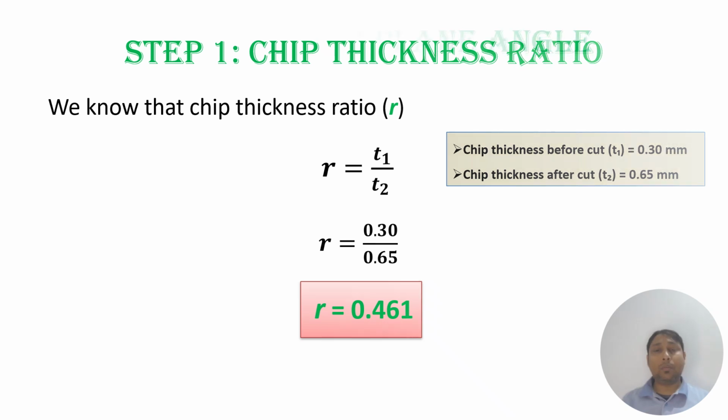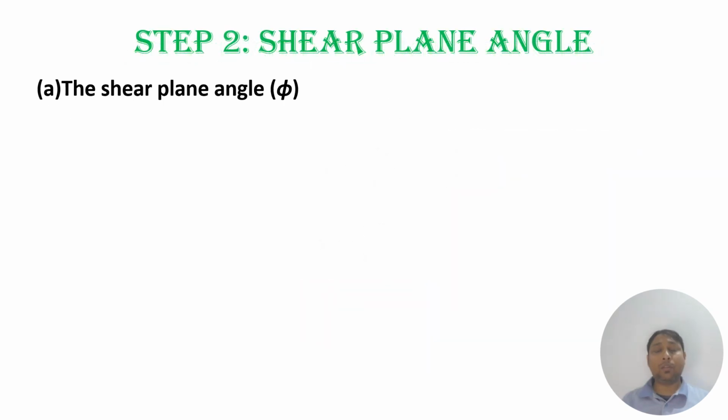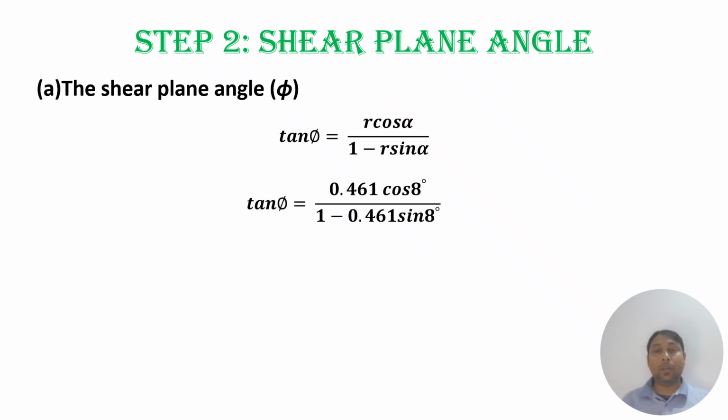Okay, now we have found the value of r, and we know how to find the shear plane angle, that is phi. As per the formula, tan phi equals r cos alpha divided by 1 minus r sin alpha, and now we know the value of r and also the value of alpha. Put these values in the equation and solve with your scientific calculator.